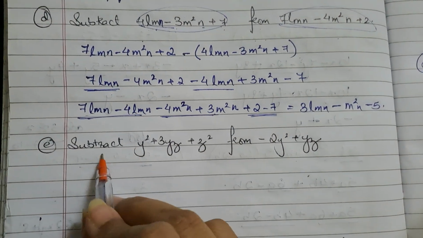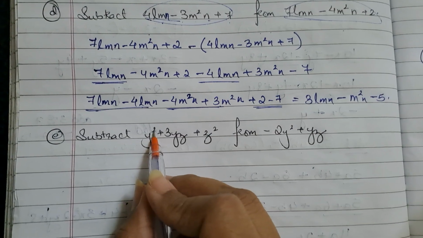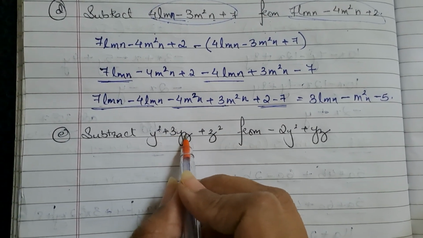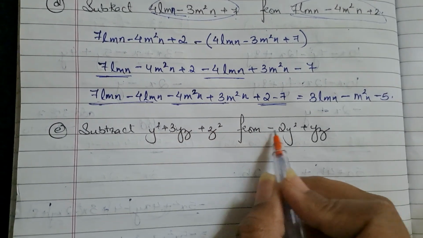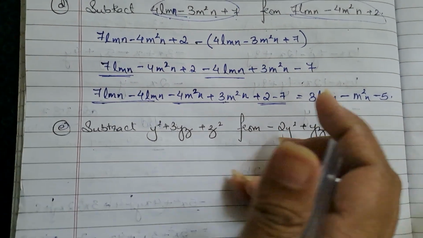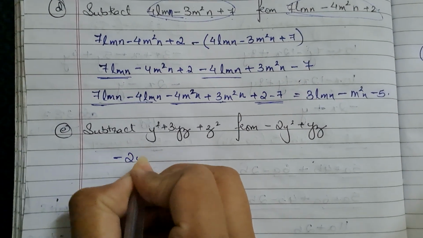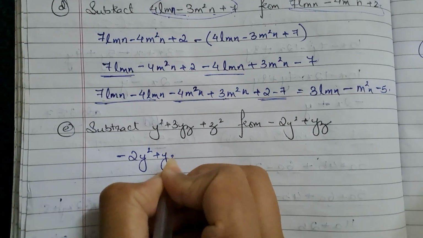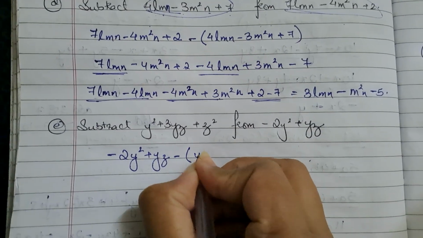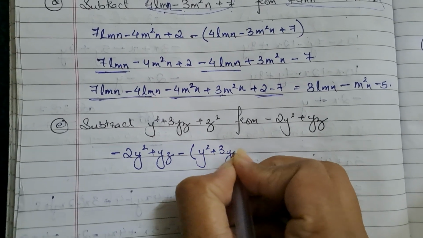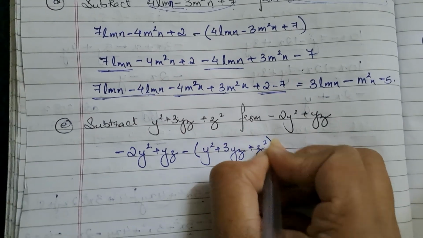Next question. Subtract y square plus 3yz plus z square from this. So that means this is a bigger one. Minus 2y square plus yz, minus of y square plus 3yz plus z square.